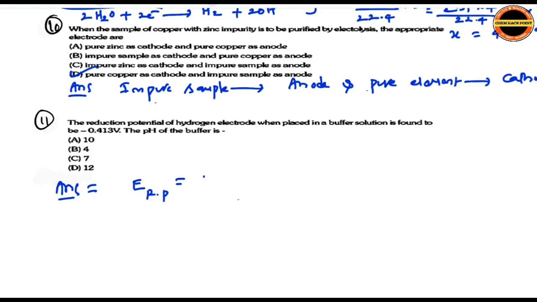ERP is equal to E naught, the standard reduction potential, minus 0.0591 log 1 by H plus.